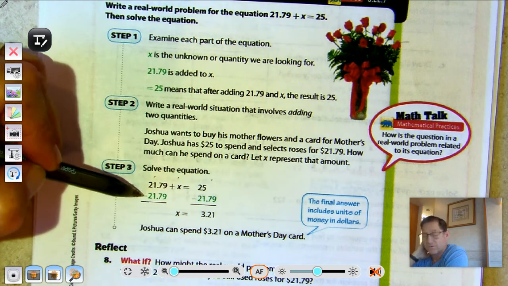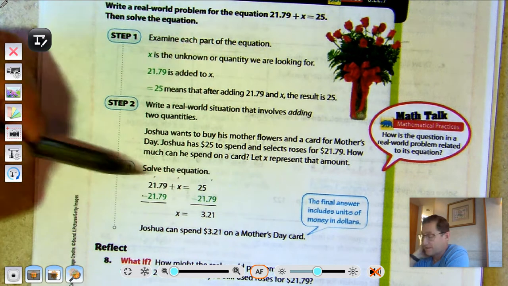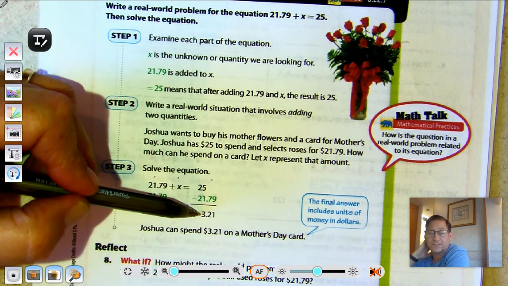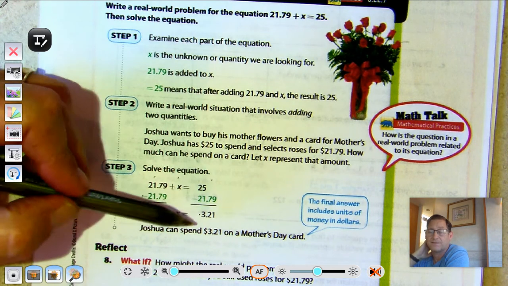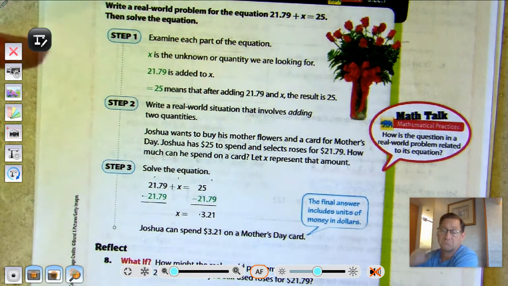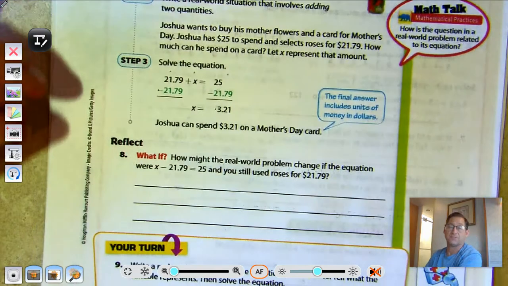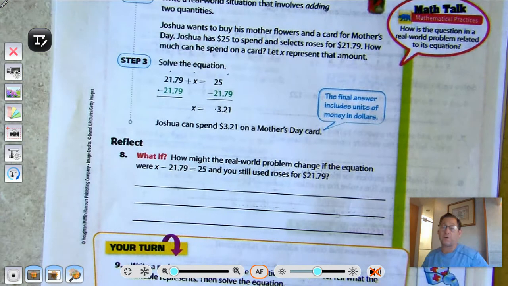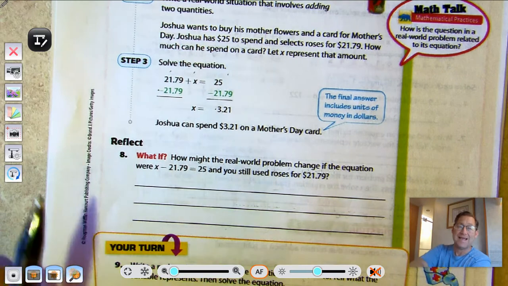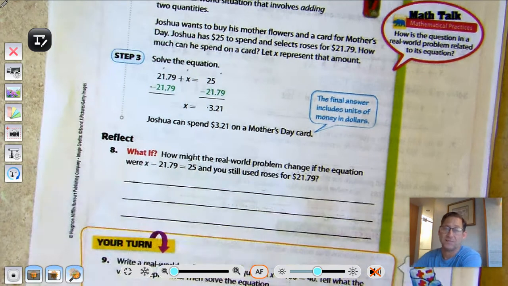So we're going to subtract $21.79 from both sides, and we see that he has $3.21 left for the Mother's Day card.